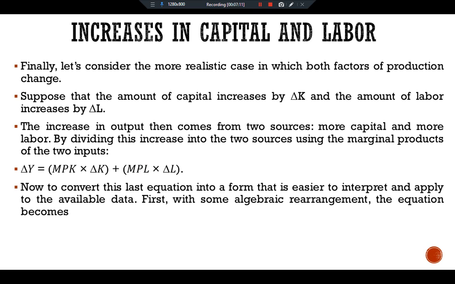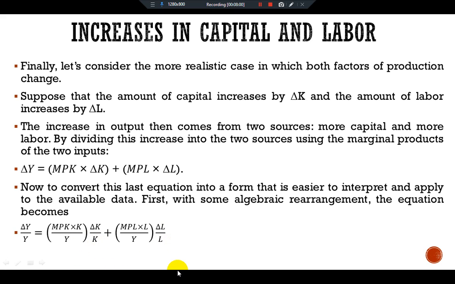First, with some algebraic rearrangement, the equation becomes delta Y over Y is equal to MPK cross K divided by Y, times delta K over K, plus MPL cross L divided by Y, times delta L over L. This form of equation relates the growth rate of output, delta Y over Y, to the growth rate of capital, delta K over K, and the growth rate of labor, delta L over L. Now we need to find some way to measure the terms of each part of this equation.